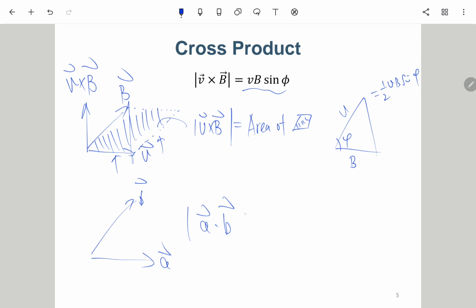Previously we learned the dot product. If we have vectors A and B, the dot product A dot B, if we take the absolute value, will be AB cosine of theta if the angle is theta.